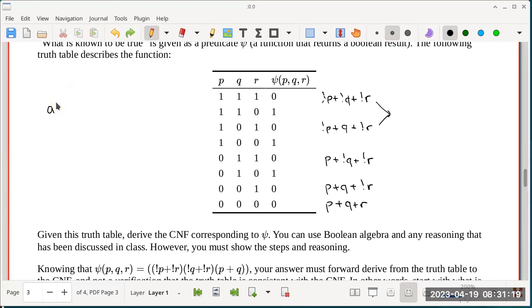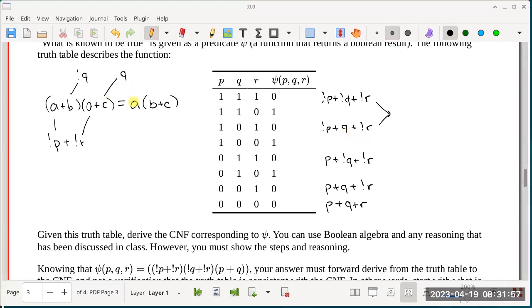So we are still looking at A or B, and A or C is really the same thing as A and B or C. Except in this case, A is not P or not R, and the same applies here. The B is what we have, not Q in one case, and in the other one we have Q not negated, which is over here.